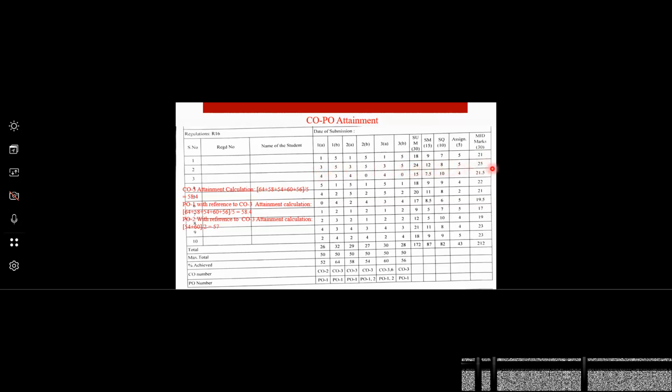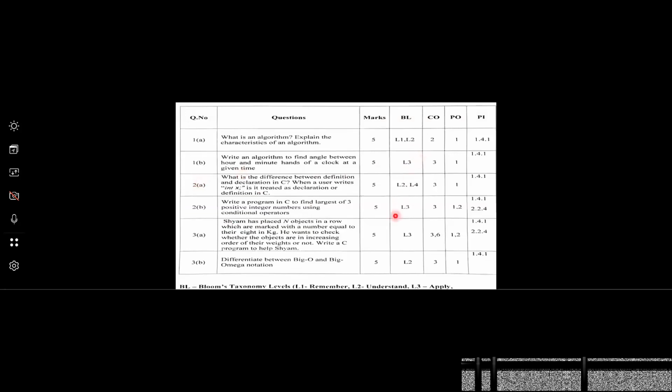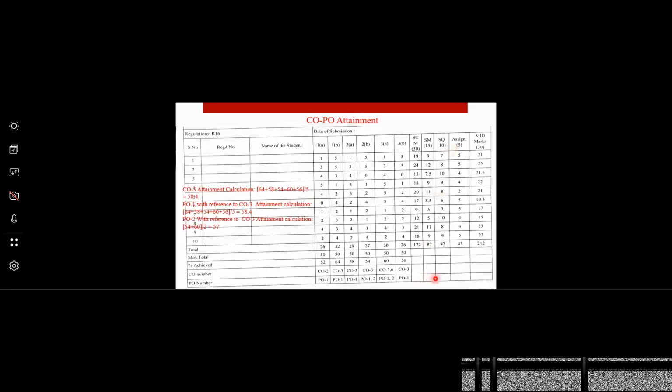Now see here, 1A. Sir, go back to the previous slide, please. You can see 1A is mapped to CO2 and PO1. Remember this. Let's go to the next slide. See, 1A is in the bottommost one, you can see CO2 and PO1.